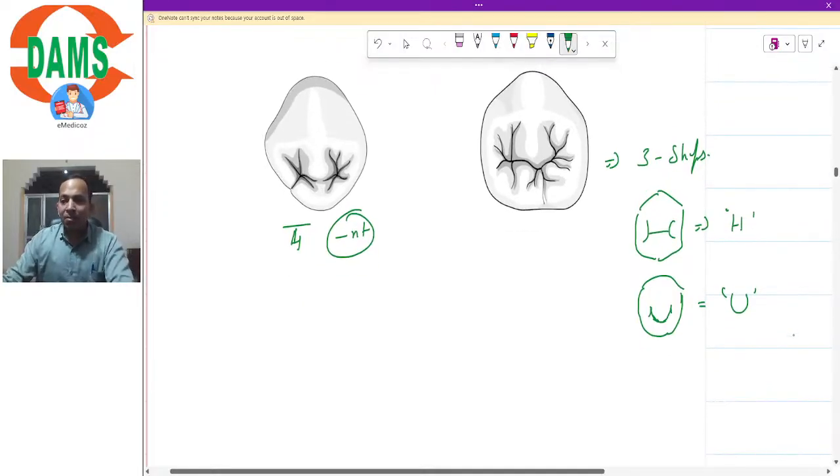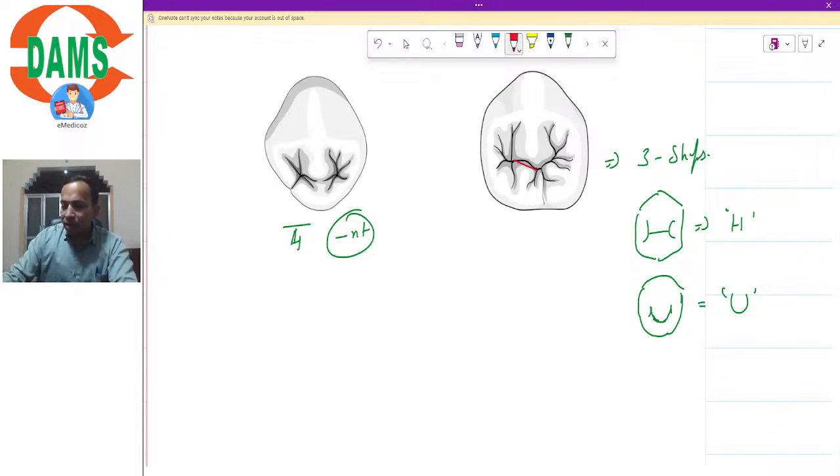As in this diagram, if it has three cusps, then it will have a Y shape. So these are the three shapes of the central groove that are seen in the mandibular second premolar. So amongst these, if I ask you which is the most common, your answer would be Y, isn't it? Because usually this tooth presents as a three-cusped anatomy, right? So the Y central groove would be most common.